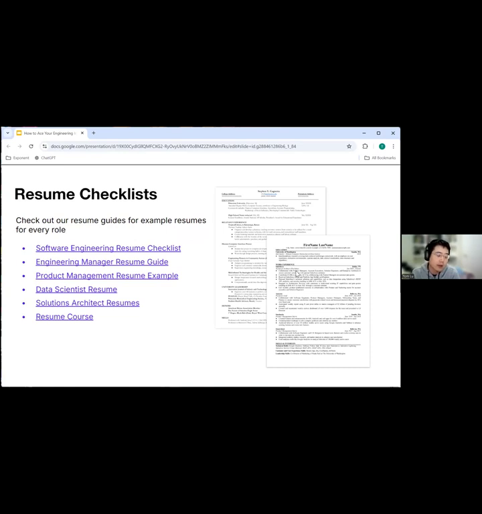Regardless of whether you are pursuing a software engineering role or project management or data scientist or etc., you can find these resume workshops and courses on Exponent, and these courses are already made free of charge for Cornell students.